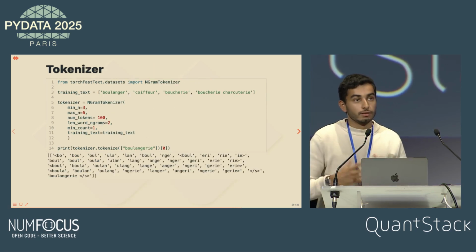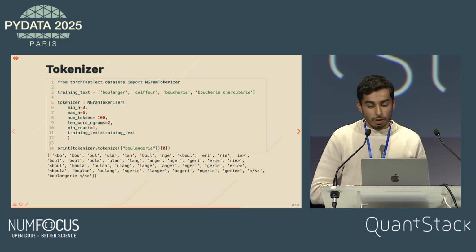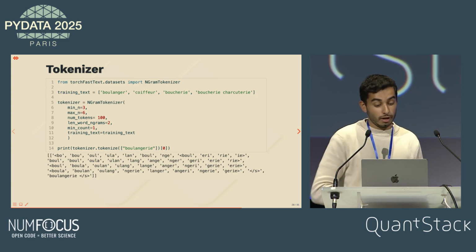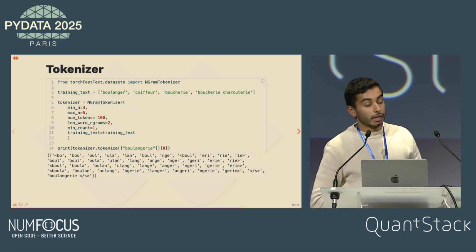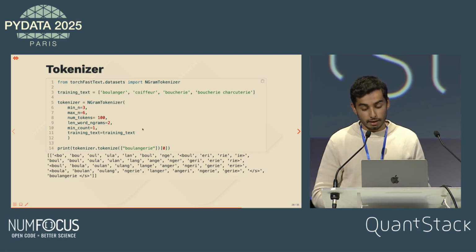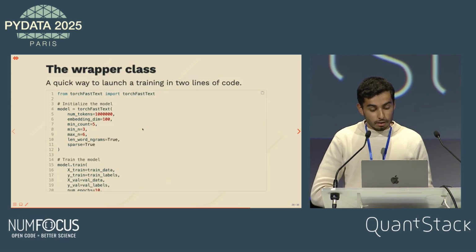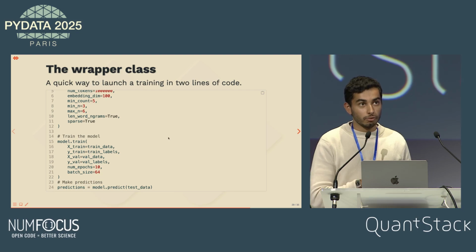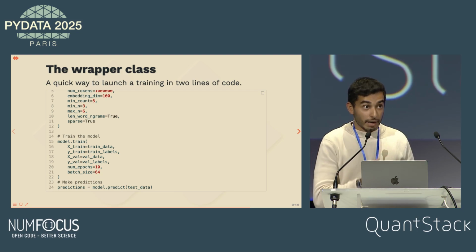Then we also have this famous n-gram tokenizer from fastText. So you have this object n-gram tokenizer from the package that enables you to tokenize any text. And the wrapper class here to launch training in a few lines of code. You are able to train a PyTorch-based model.